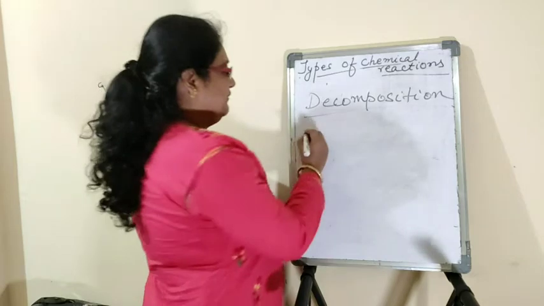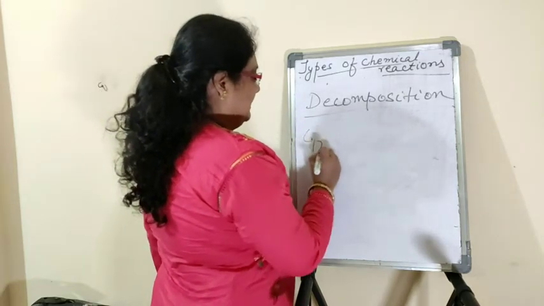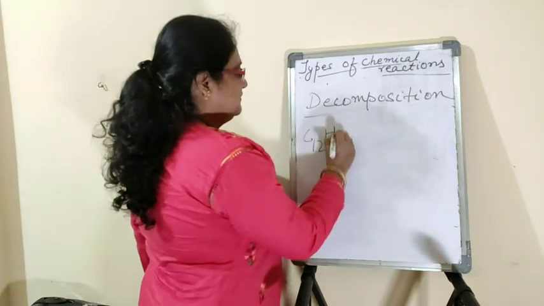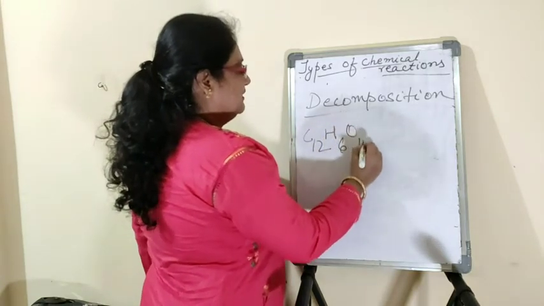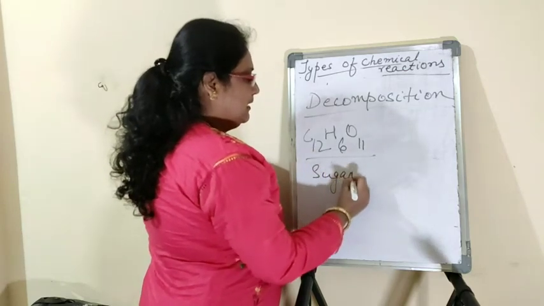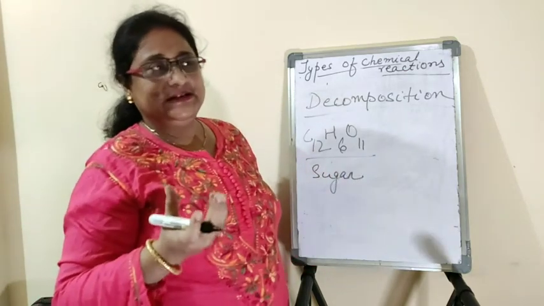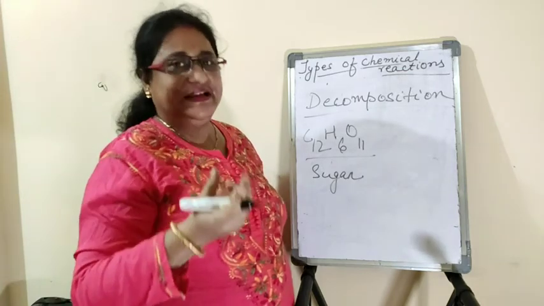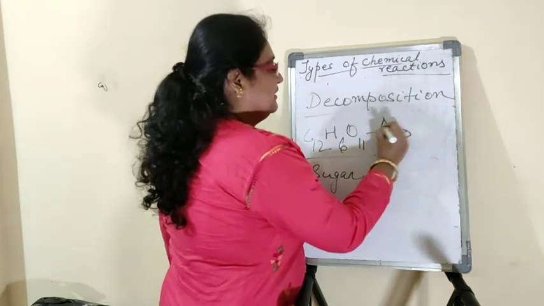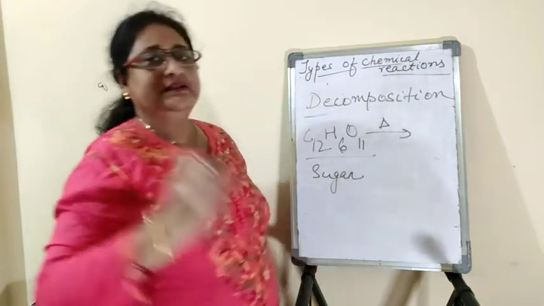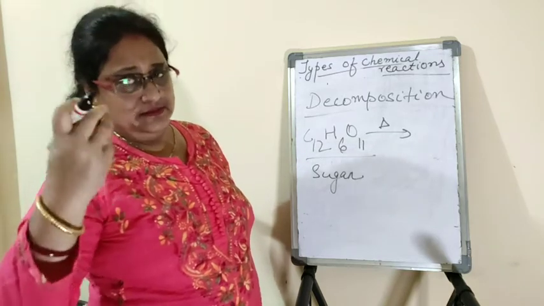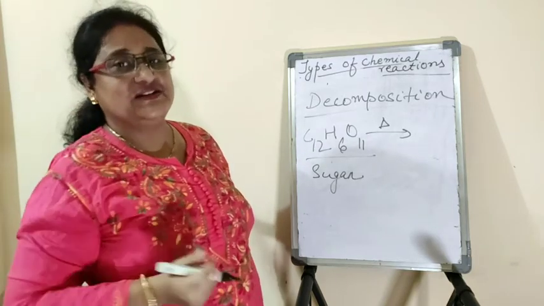Here again we can take a simple example of glucose or sugar, C12H22O11. If you take some sugar in a spoon or container and heat it for a few minutes, what will you find? The whole sugar transforms into a blackish substance and water is generated.